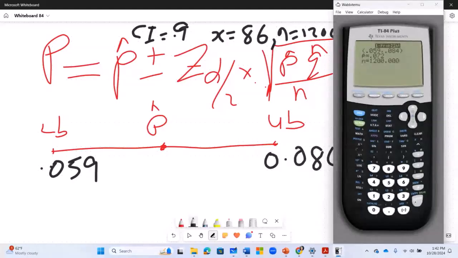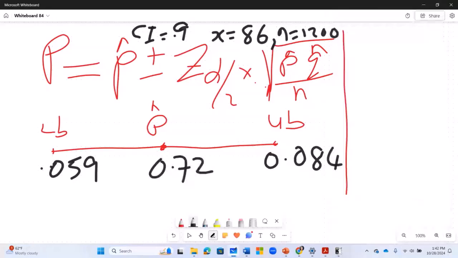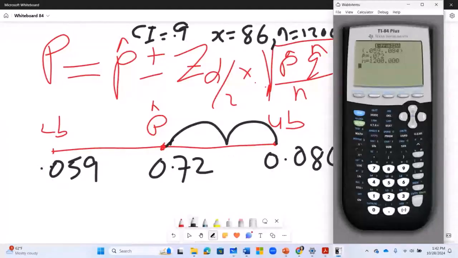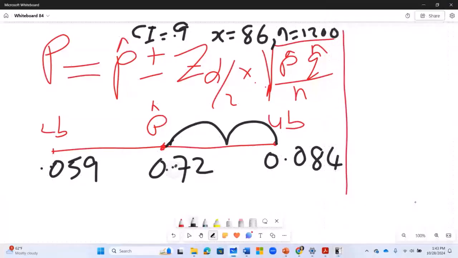The point estimate is 0.072. The margin of error is the distance from the point estimate to the upper bound. So I will get my calculator and find the distance.